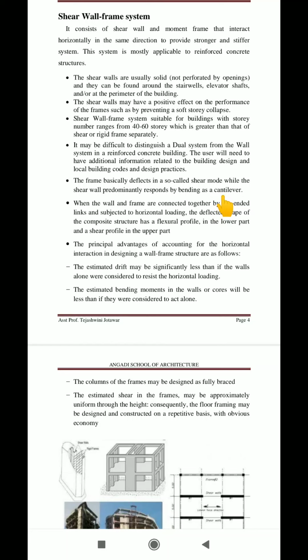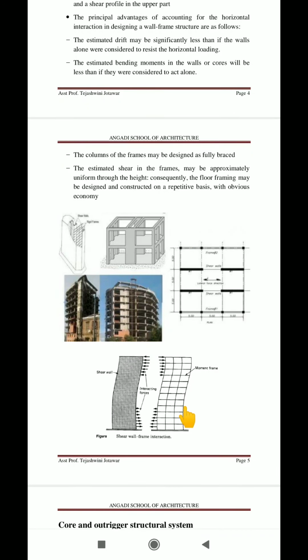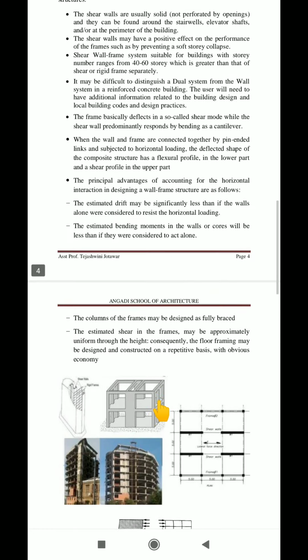When a wall and a frame are connected together by pin end links subjected to horizontal loading, the deflected shape of the composite structure has a flexural profile in the lower part and a shear profile in the upper part. For this you can refer to this diagram. Whenever there is a horizontal load, there will be a flexure profile at the lower part and a shear profile at the upper part.